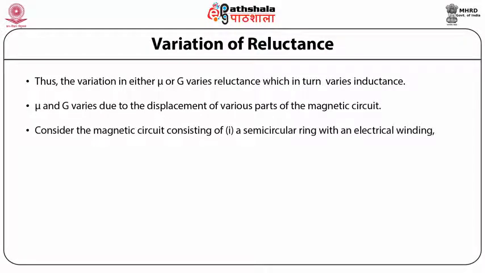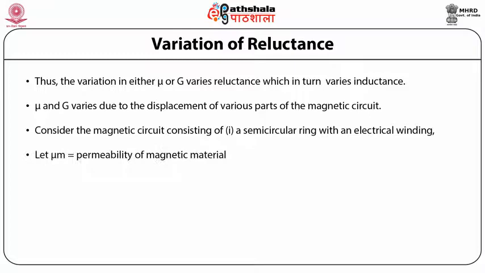Consider the magnetic circuit, which is composed of, number one, a semicircular ring with an electrical winding working as an electromagnet, second, an air gap, third, a plate of magnetic material, which is shown in this figure A. The magnetic circuit is shown by the dashed line as shown in this figure.